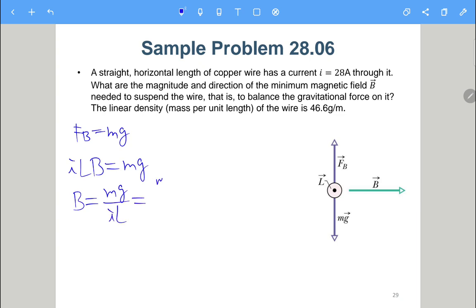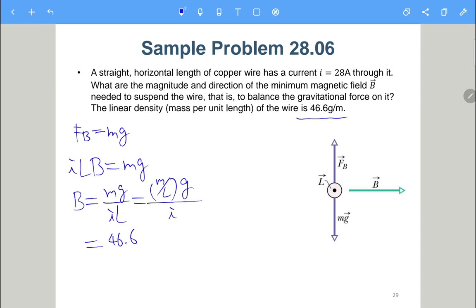Or we can have m over L, because here we only have the mass density, which is the mass per length. Okay, so here we have g over I. So this is 46.6 gram per meter.